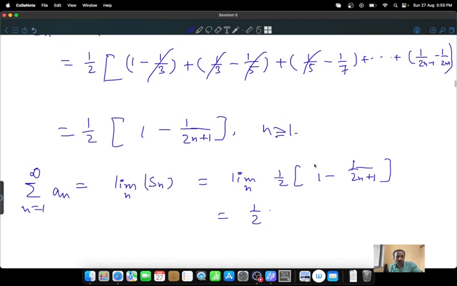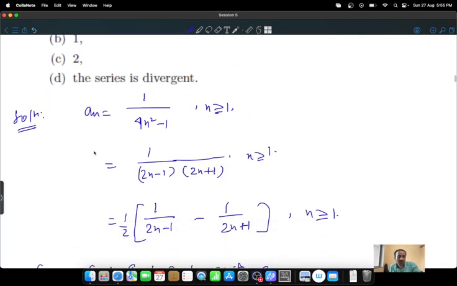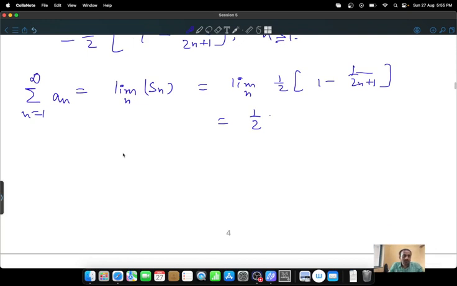So you have found that the sum of the series is half. More clearly, if you write it out, half equals the sum of 1 by 4n squared minus 1: the first term is 1 by 3, the second term, if you put n equals 2, is 1 by 15.